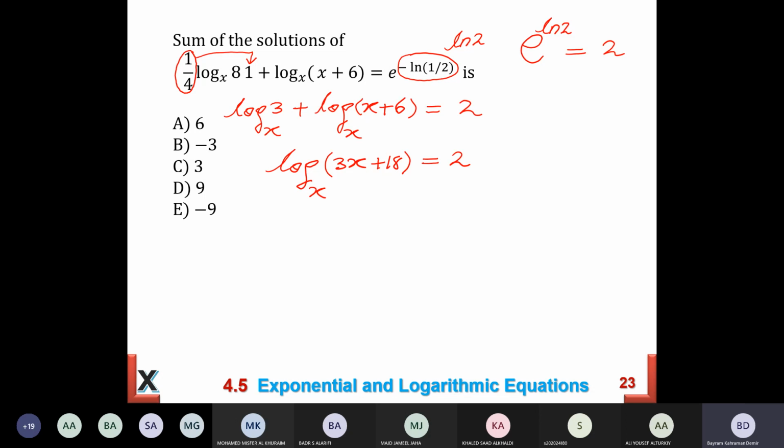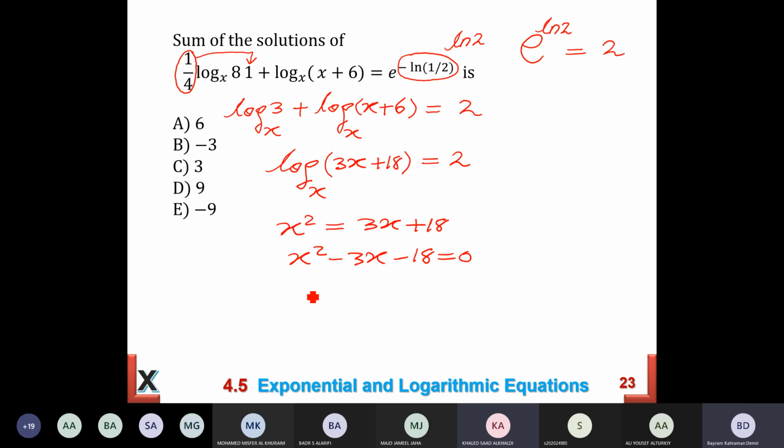Now let's write it in terms of exponential expression, Shabab. So we have x squared, right? Yes, equals base 3x, equals 3x plus 18. We move them to one side, to the left side. x squared minus 3x minus 18 equals 0.